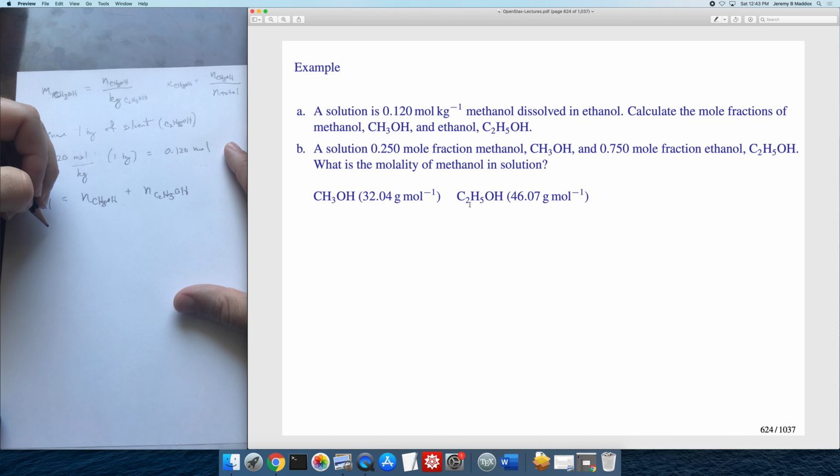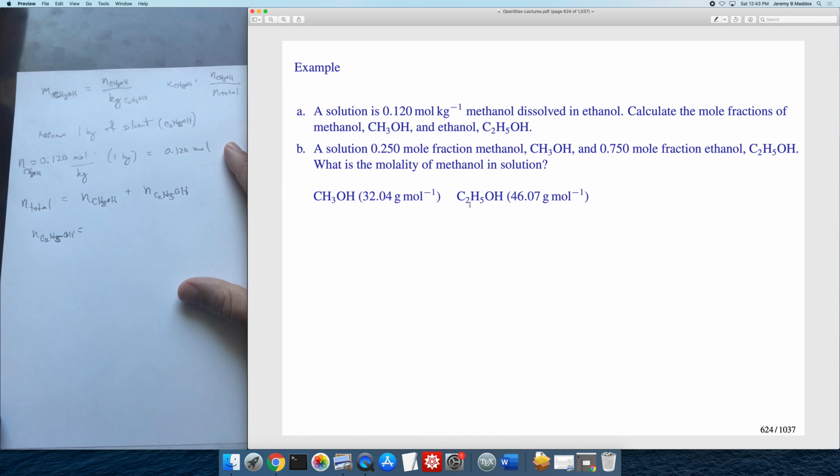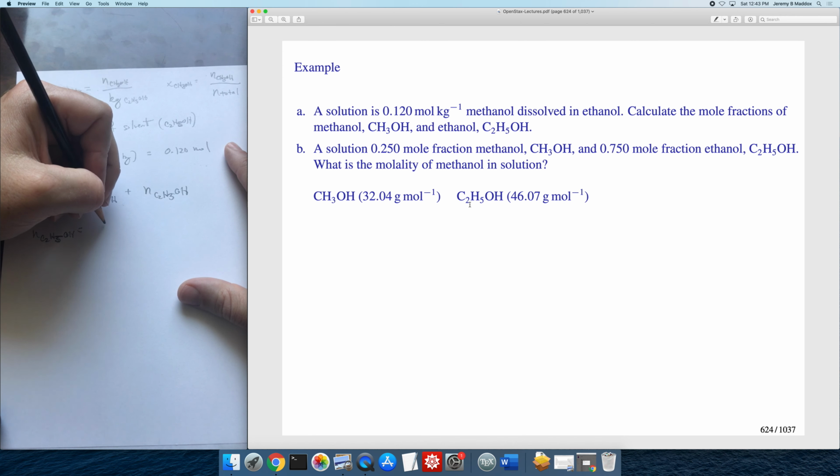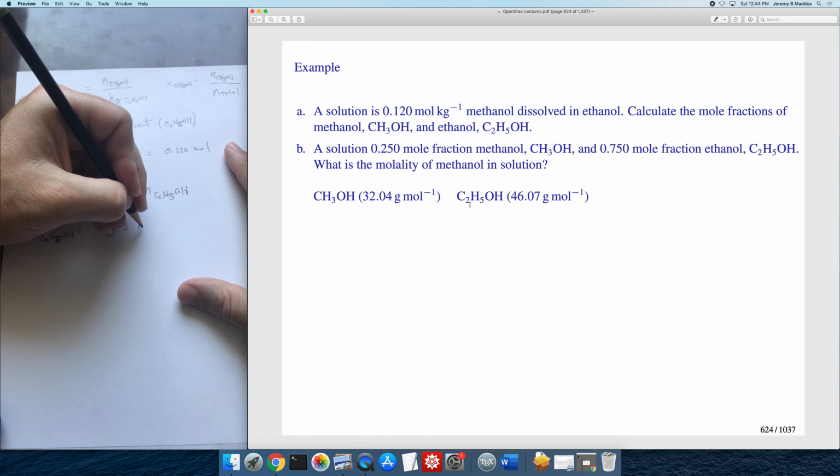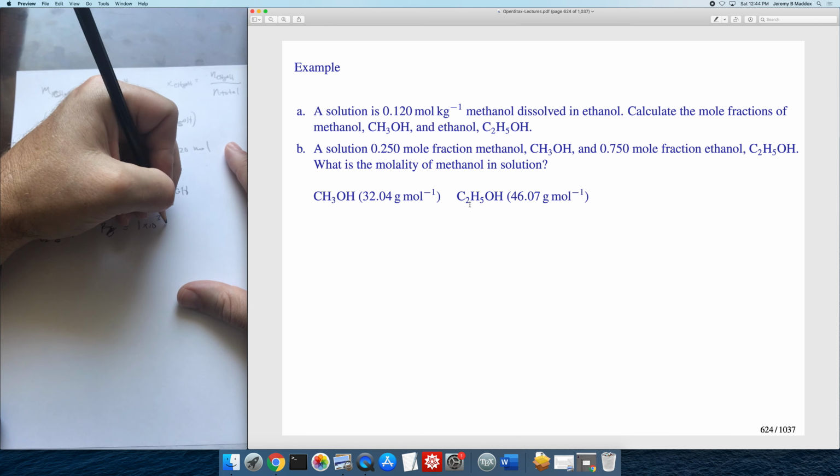Okay, so we can do that. So let's say the number of moles of ethanol will be equal to 1 kilogram. We'll make it 1 times 10 to the 3 grams.